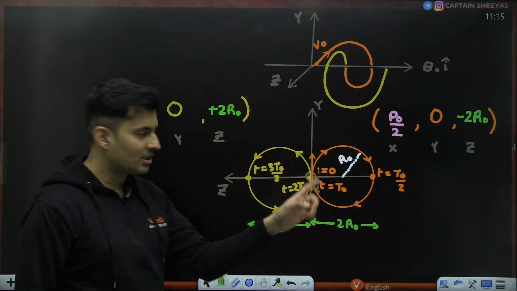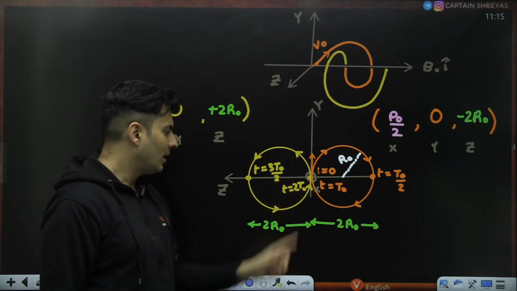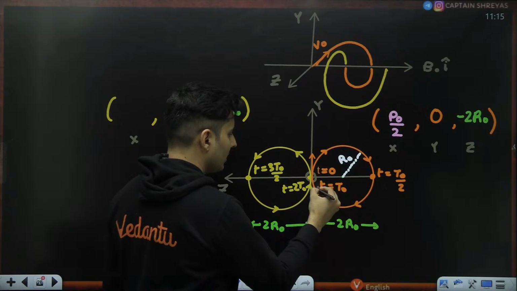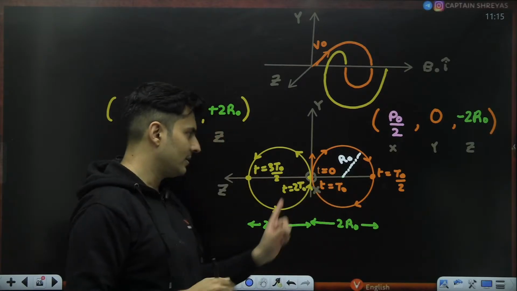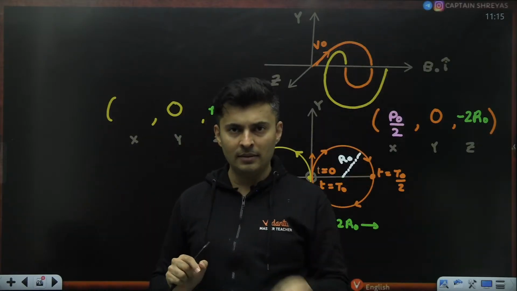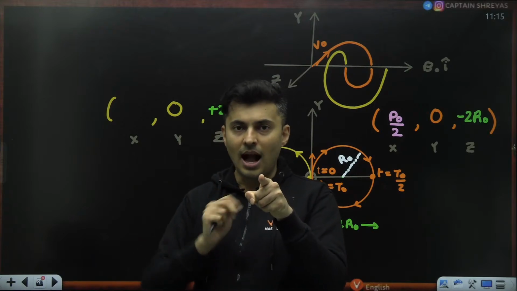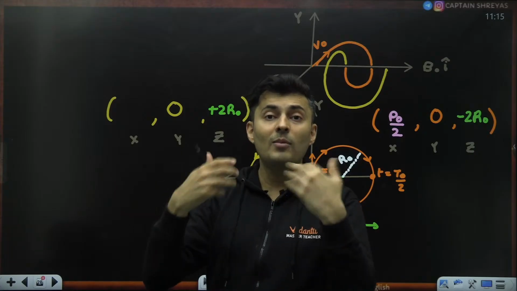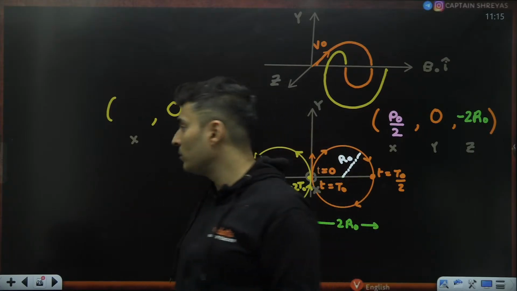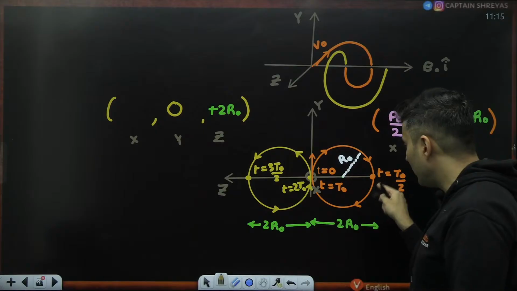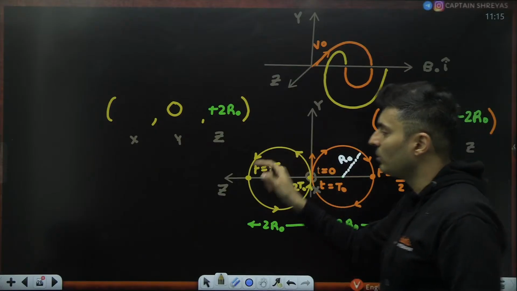What about the pitch, which will help me with the x-axis coordinate? The x-axis coordinate, visualize this. One revolution done, P0 distance went ahead. So after more half a revolution, how much more distance will it go? More P0 by 2.